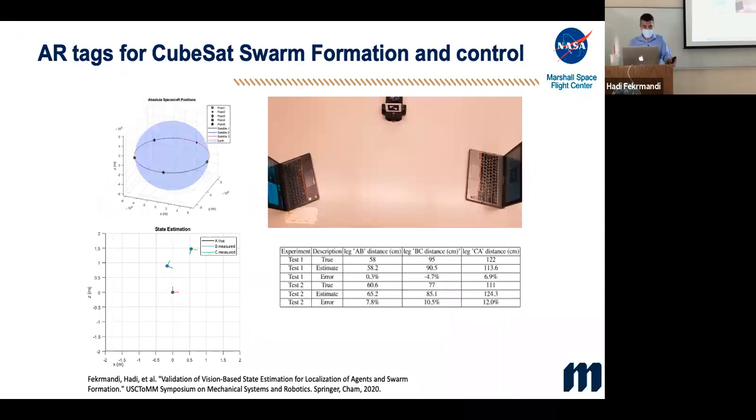Because of the background we were working in, there was some work done on developing the low Earth orbit dynamics. But the core of this research was to focus on creating multi-robot guidance, navigation, and control.